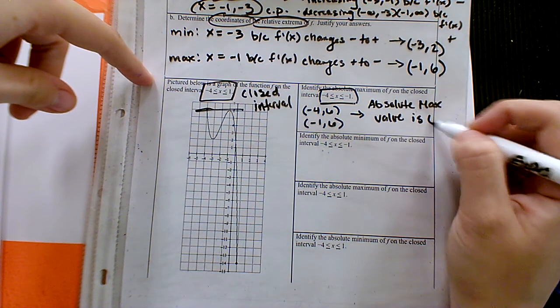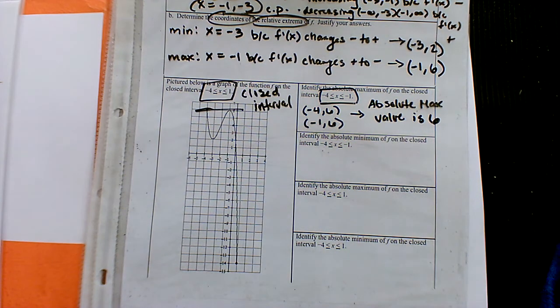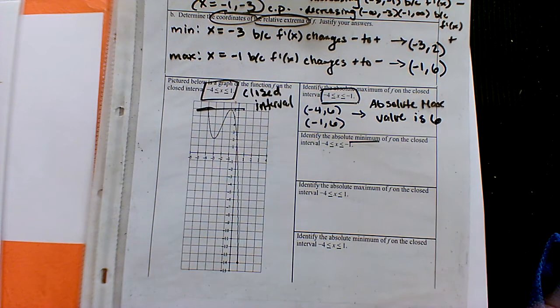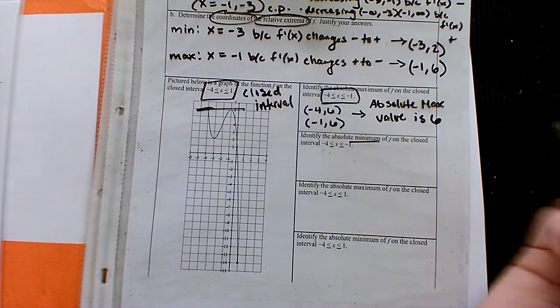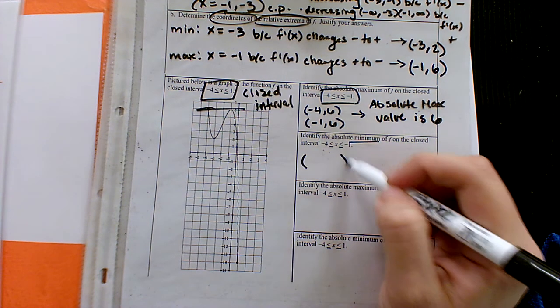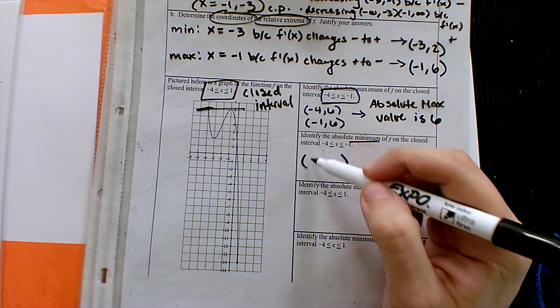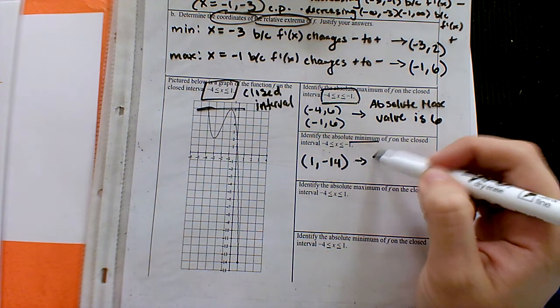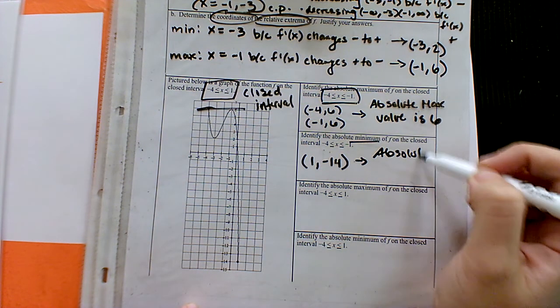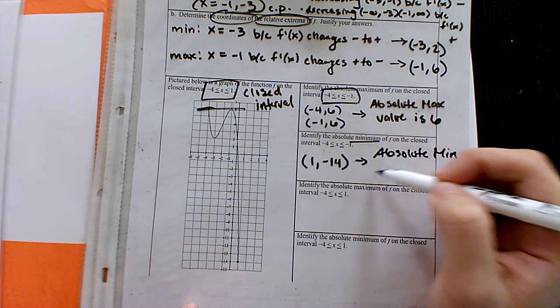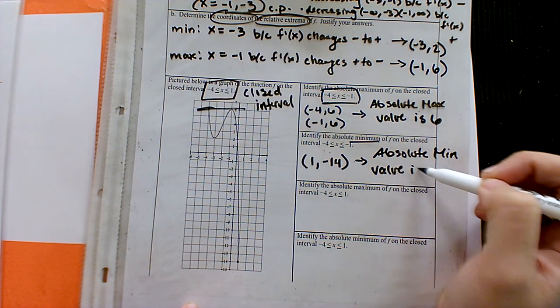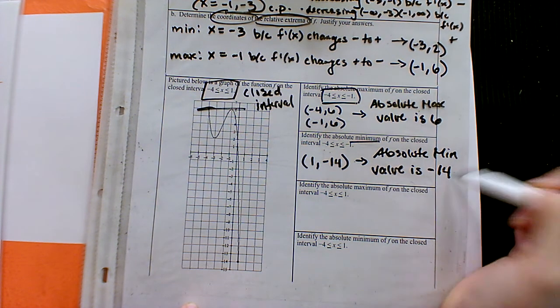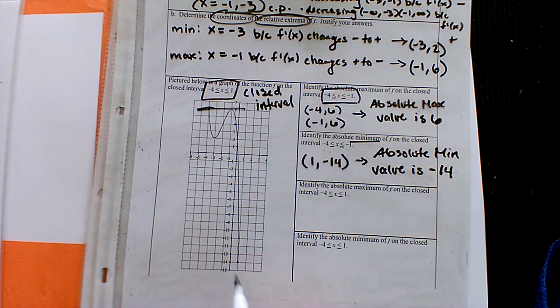Okay, is 6. Okay. Let's go ahead and do absolute minimum on the same interval. One comma -14. Okay. So absolute min value is -14, right? That lowest point.